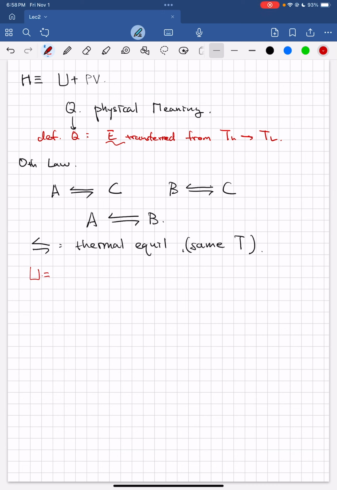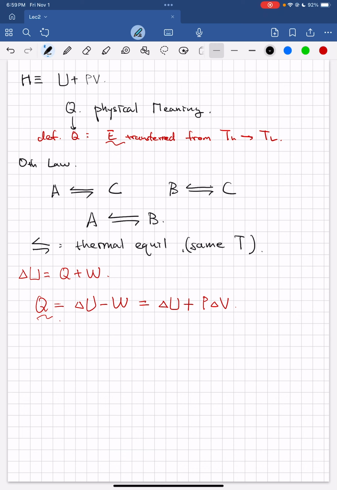Delta U equals Q plus W. If you convert it, Q equals delta U minus W, which is delta U plus P delta V, right? This is Q.